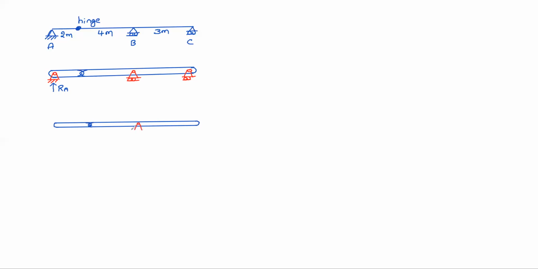I'll remove the support at A. I'll maintain the other supports. Okay. And I'll give unit displacement at A. What happens? Just this point I'll take here. But at the same time, at B, there's no possibility for dislocation. At C, there's no possibility for dislocation. And from this hinge to C, there is no possibility for bend. Okay. Hinge to C, there's no possibility for bend also. That means it takes only this shape.